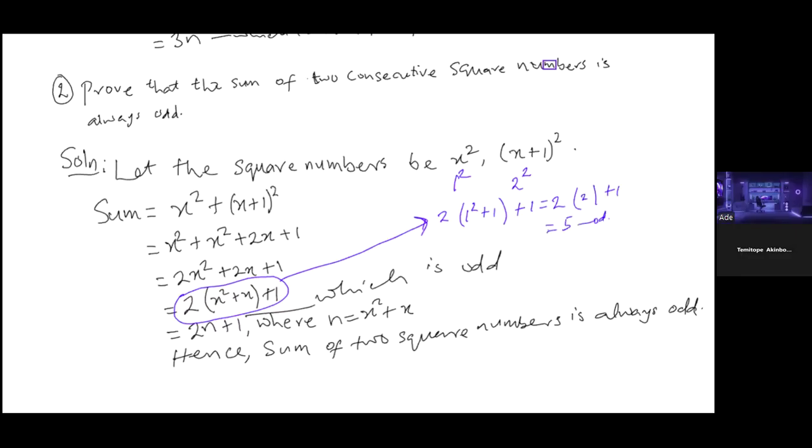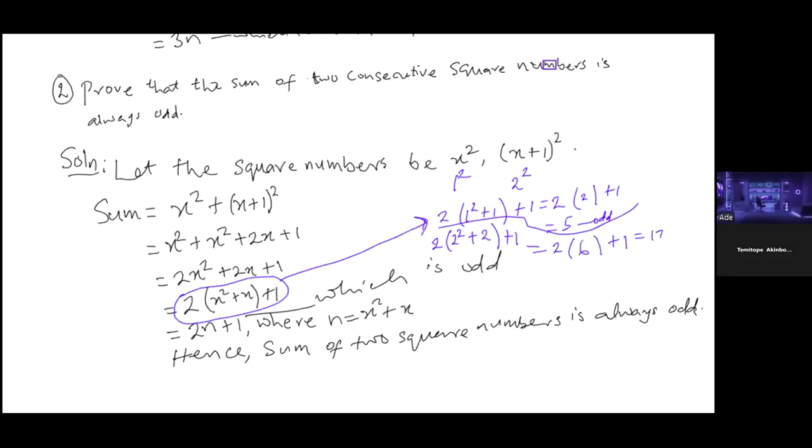If s takes 2, substitute 2 for s here, we are going to have 2 into (2 squared plus 2), plus 1. And that gives 2 into (4 plus 2), 6, plus 1, which will give you 13, which is also what? Odd. Can you see that now?